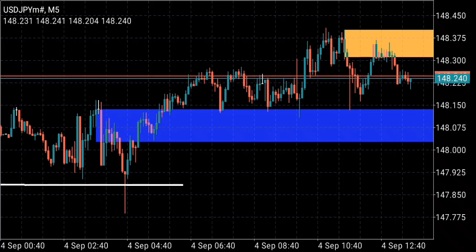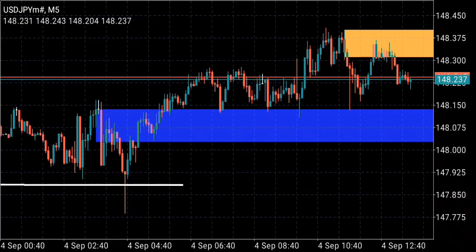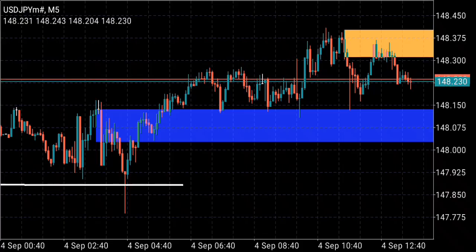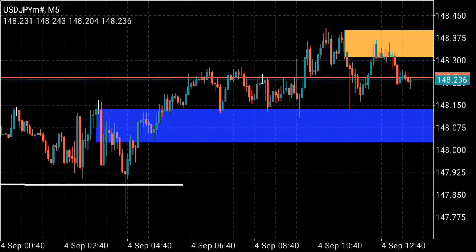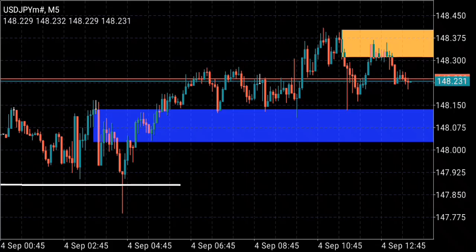So now we are waiting to see whether price will break out higher or below. But in my case, I'm waiting for higher prices. That's why I have a blue shaded area.